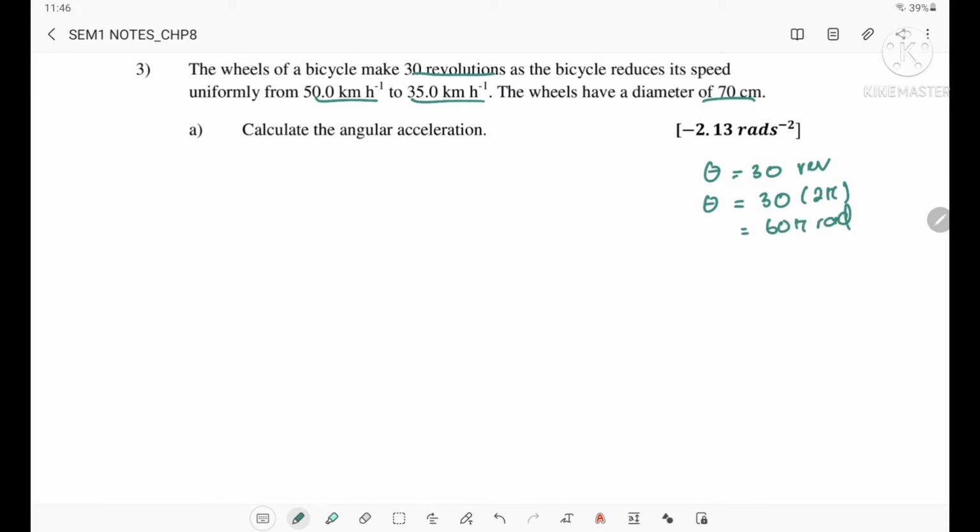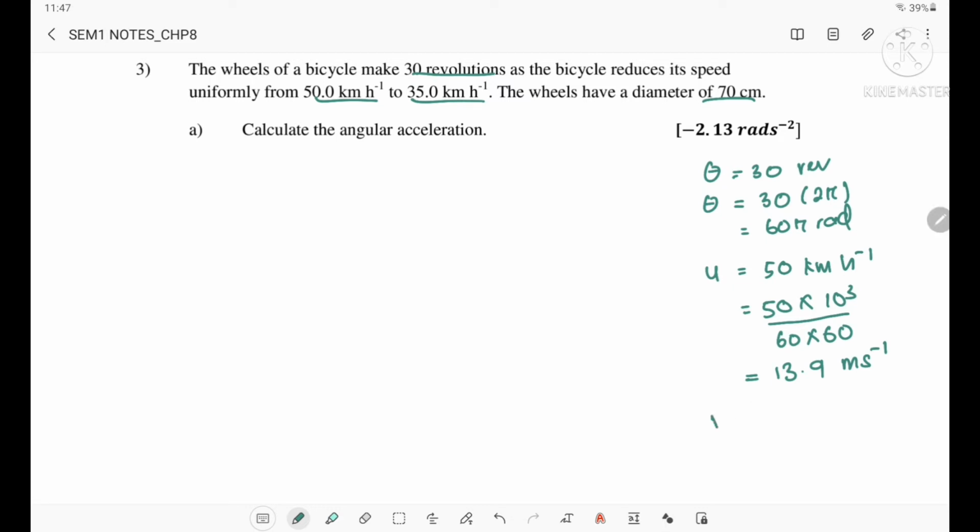Next, convert the speed 50 km per hour to meter per second. So we have u equal to 50 km per hour, so convert into meter per second: 50 times 10 to the power of 3, convert into meter, and divide by per hour, we convert to per second, so 60 times 60, and we got 13.9 meter per second for the initial speed.